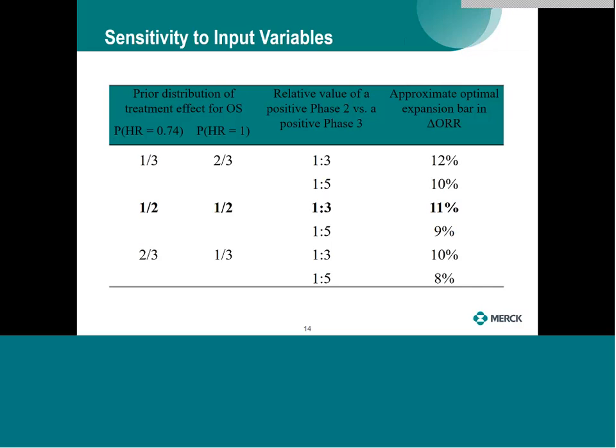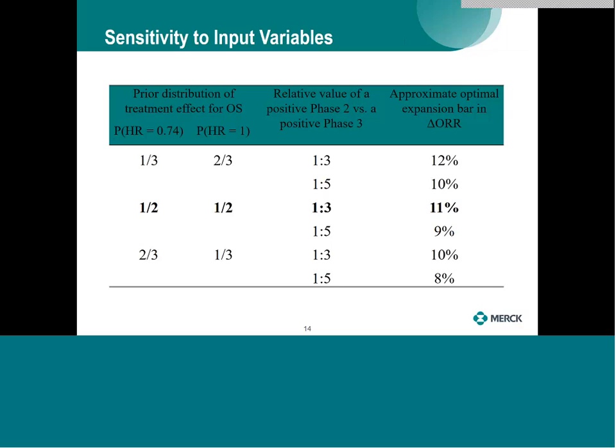So this shows you the sensitivity to the input variables. Of course, we don't know the truth about the treatment effect, and our assumption is that it's equally likely to be at null and at alternative. But if you change these numbers, does the bar change accordingly, and how much? Another thing is the relative value of positive phase 2 versus phase 3.